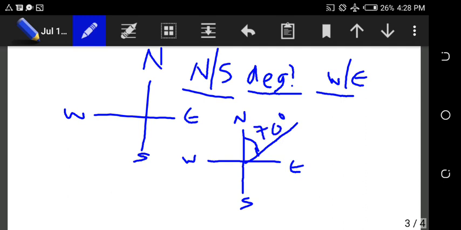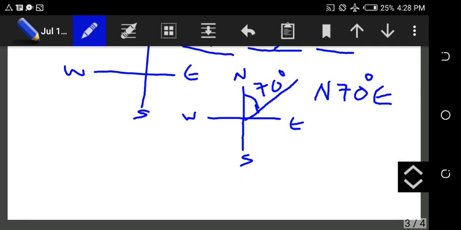So when we want to describe this bearing, remember the first thing, the bearing is moving away from the north, so that is north. Then how many degrees away from the north? That is 70 degrees. Towards where? Towards east. So this is north 70 degrees east. That's how we would call this bearing, a north 70 degrees east bearing.